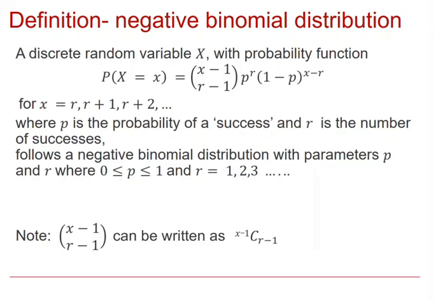Therefore, the negative binomial distribution has two parameters, p and r, and the possible values for the random variable X start at r. We must have at least r trials if we're looking for r successes.